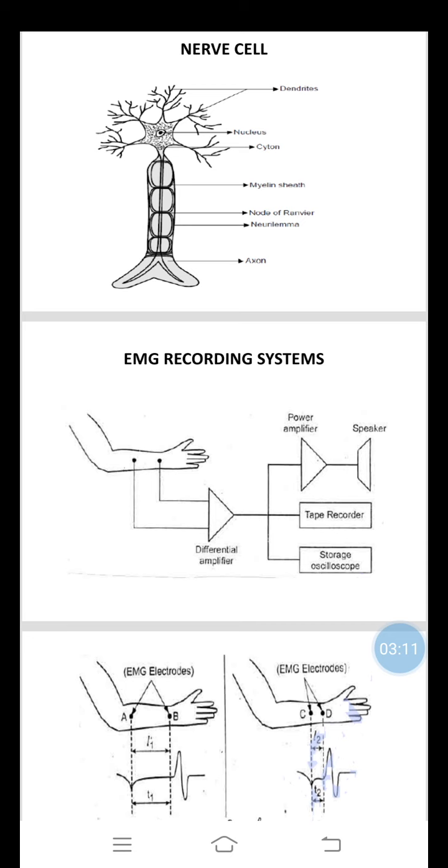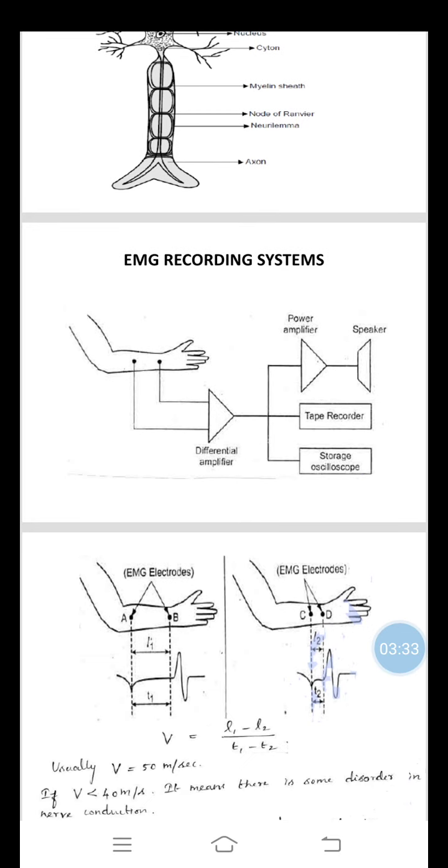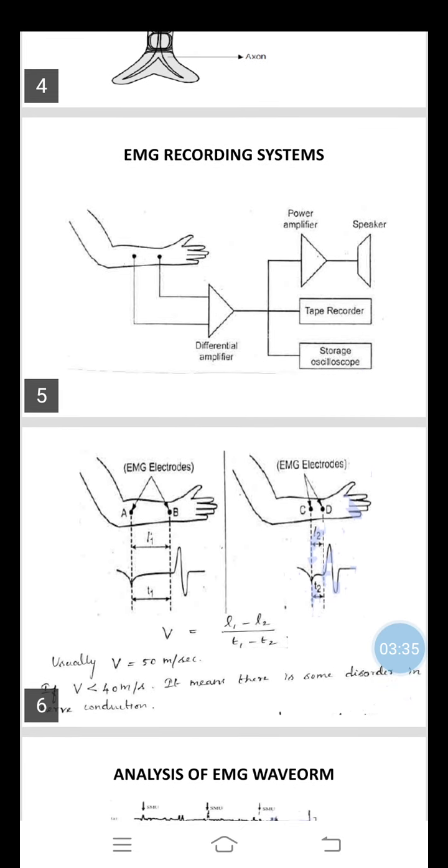Then the signal is given into the differential amplifier. From this differential amplifier the bioelectric signal will be amplified and further given to a tape recorder. In the tape recorder we can record the muscular activity, which we can view through a speaker and a storage oscilloscope, that is the CRO arrangement.